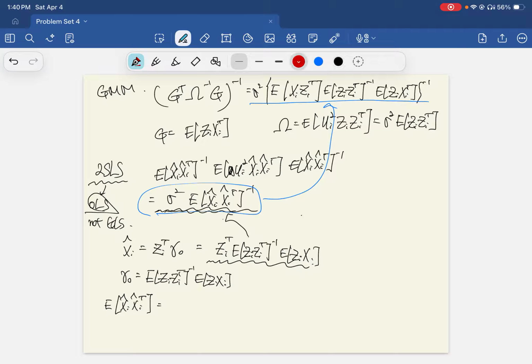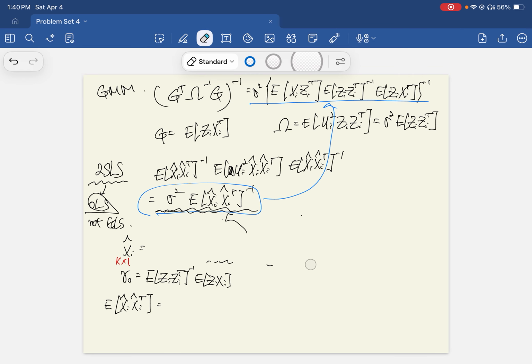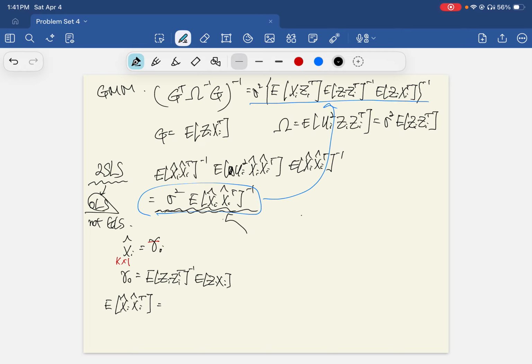I'm sorry, the dimension does not match. So if x is k by 1, then we had to write it as gamma transpose zi, because zi can be m by 1, so you have to match the dimension by gamma.